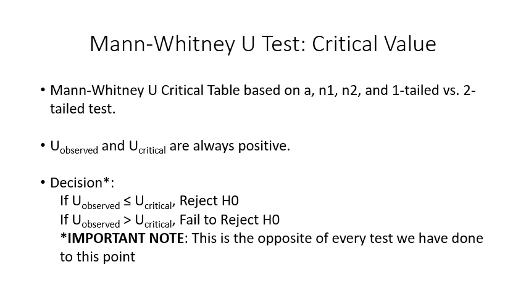I can tell you that it's absurd because there are ways to do it. Your U observed is the smaller of the two U values you get, if you remember. So if U1 is smaller, you use that as your U observed.